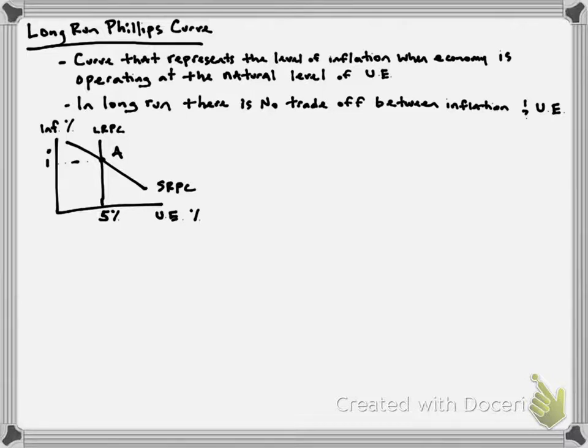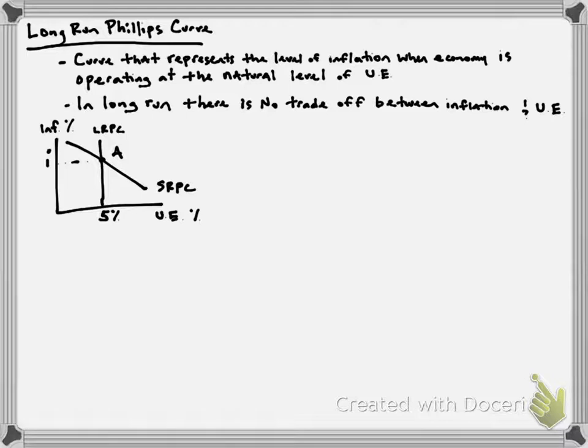So we need to understand that, we've always said in the long run, the economy will get back to long run potential, right? And when we're at our long run potential, our unemployment rate is always going to be within that 4 to 6% range. Well, what our Phillips curve graph represents about this concept is that when we're at long run equilibrium, right?